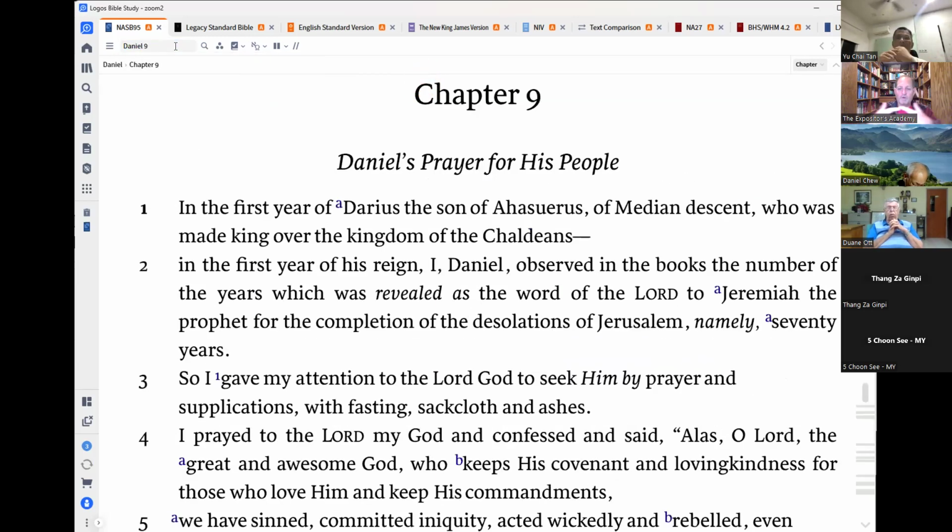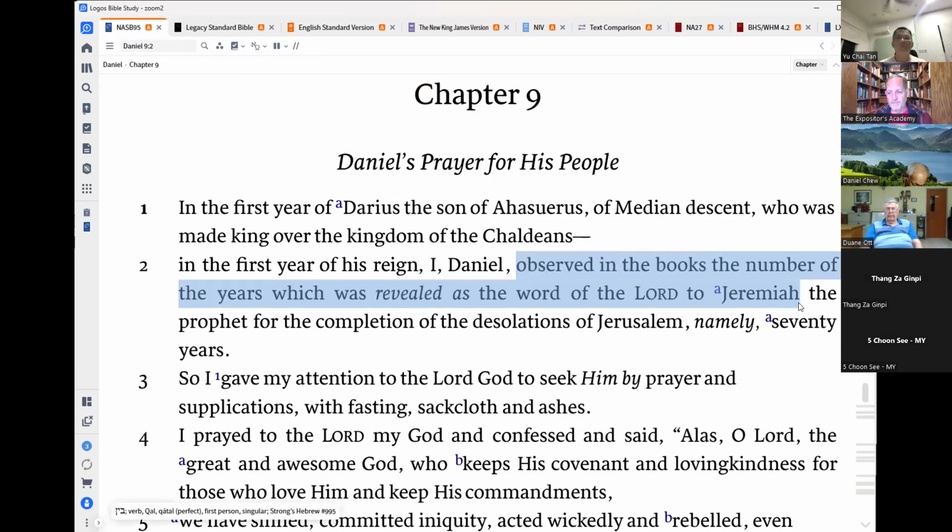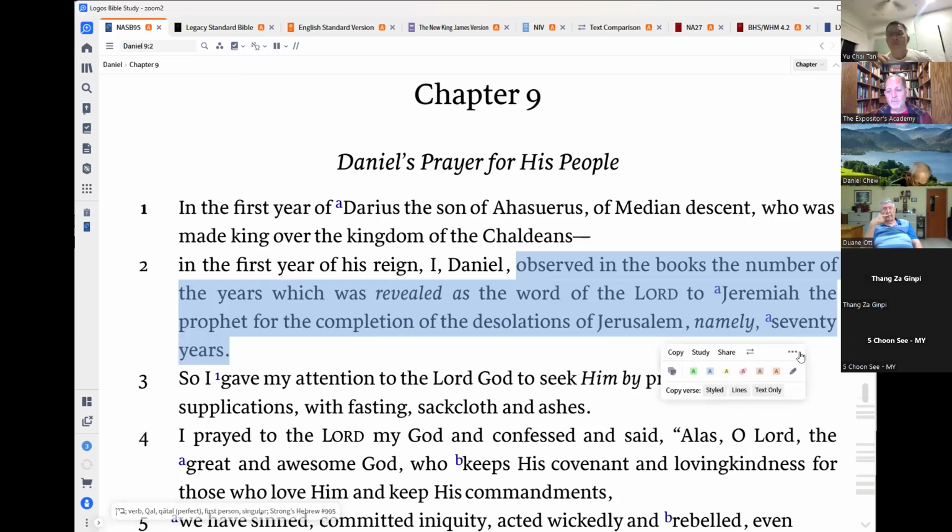Daniel and Jeremiah overlapped. They lived at the same time. And so he was aware, right? I observed in the books the number of years. So he had access to Jeremiah's prophecy. And notice Daniel interpreted it literally.